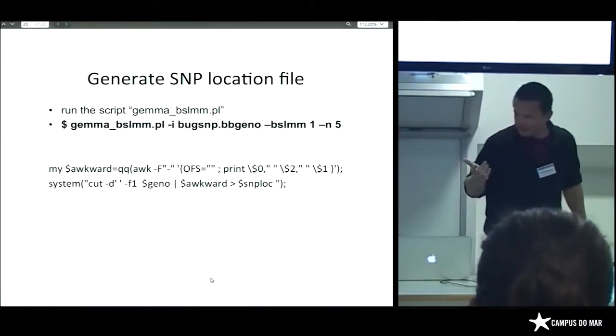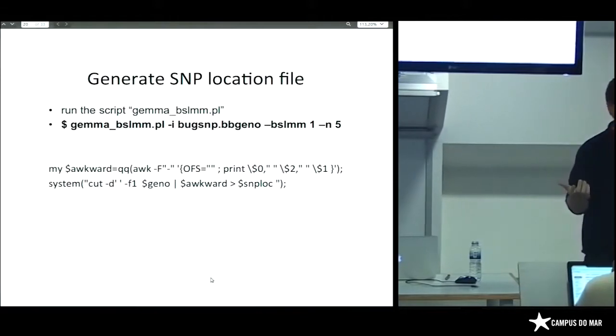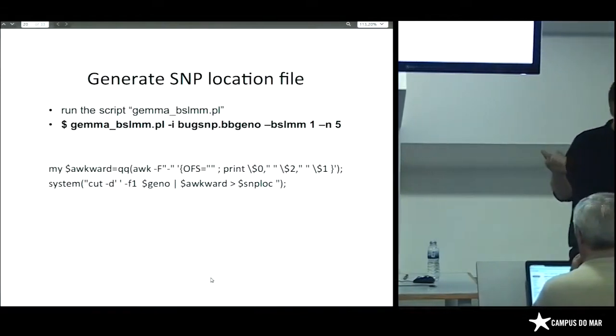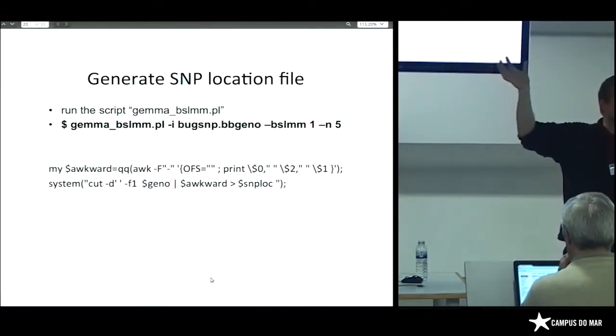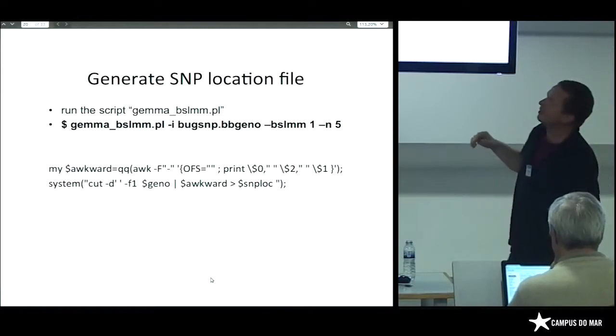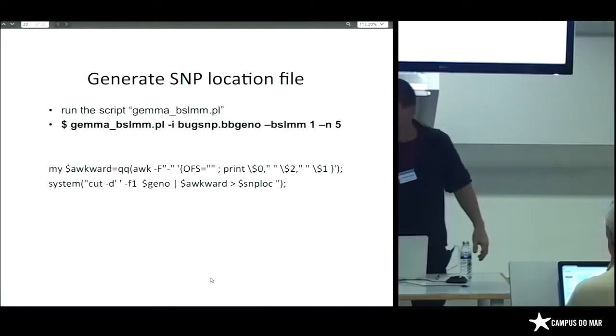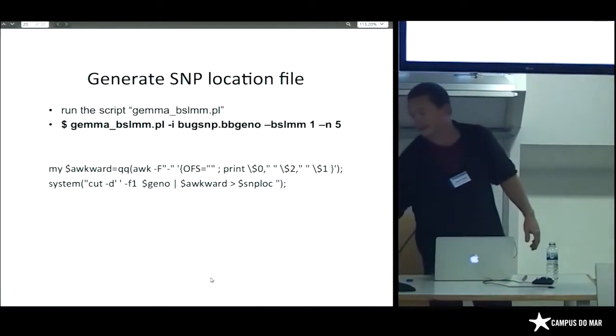What this has actually done is first it's pulled out some information. It's done some awk manipulation, and it's pulled out the first column of the genotype file from the BB geno file, and it's split that into 2, and it's generated a location list of where the SNPs actually are that it can refer back to. So it's done some funky coding on the inside that we didn't have to worry about. That's the first thing that it did.